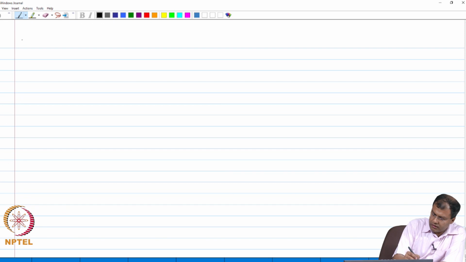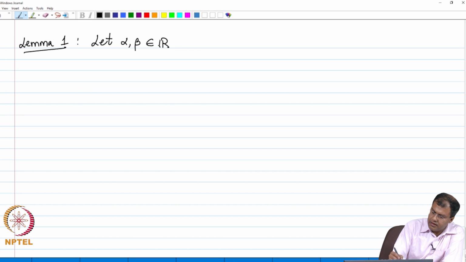So, the result is broken down into two smaller results. Let us say the first result we denote by lemma 1. The first lemma says: let us have two real numbers alpha and beta such that alpha is less than beta.